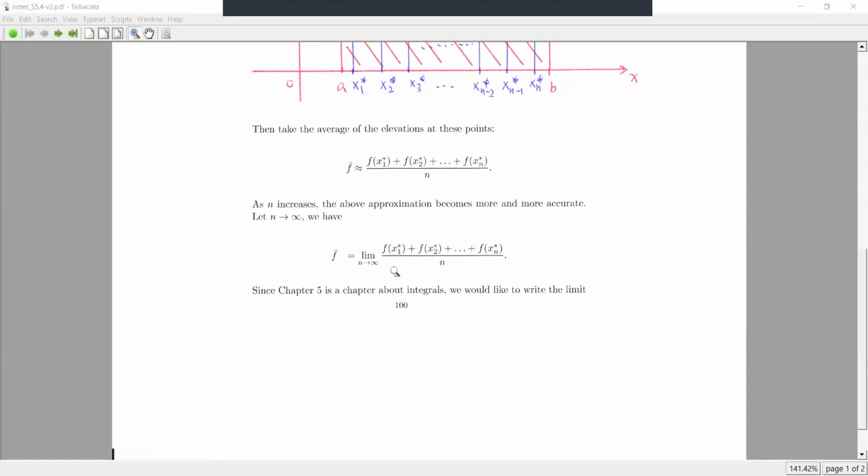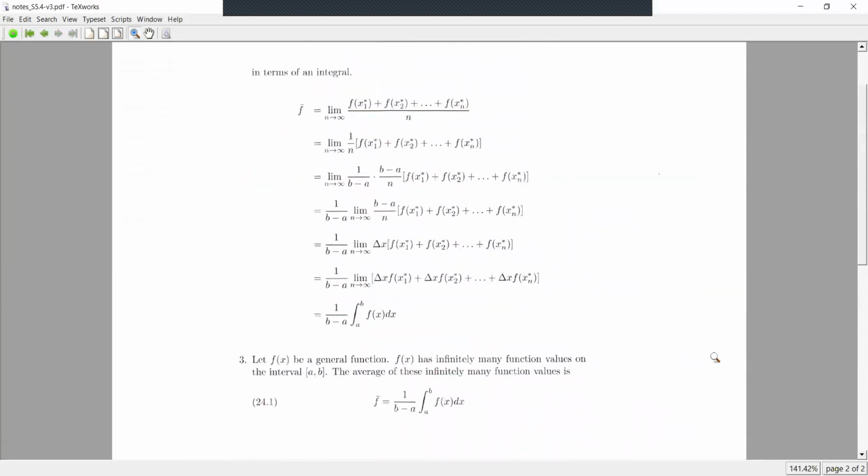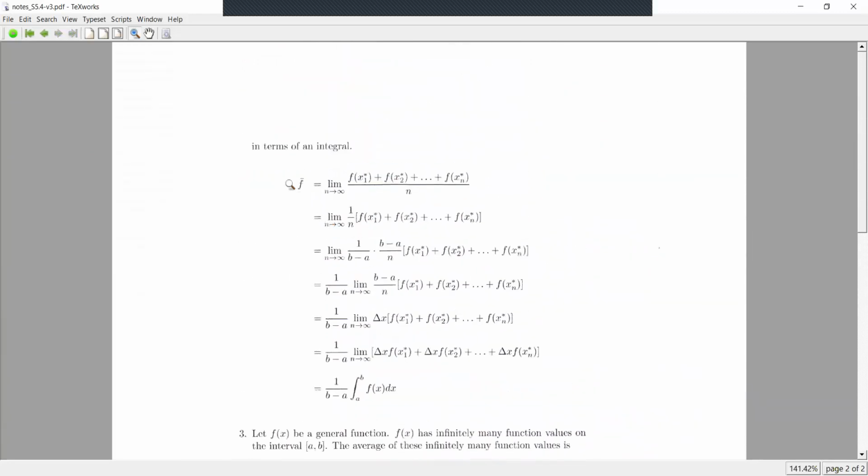Now in the following, let me write this limit into an integral. Chapter 5, this whole chapter is about integrals. Everything is integral. Now let me write this limit as an integral. F bar is this limit.